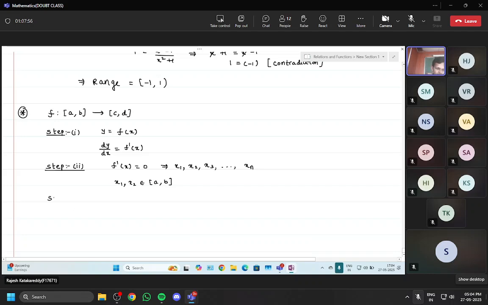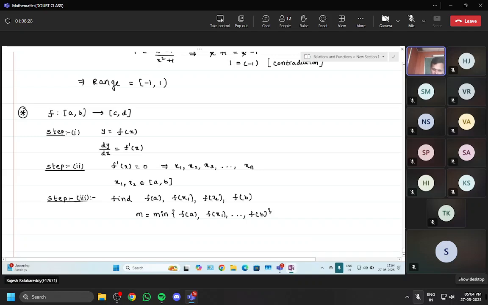In step number 3, we need to find the values of f of x: find f of a, find f of x1, find f of x2, and then f of b. Now small m stands for the minimum out of these four, f of a, f of x1, f of x2 and f of b.